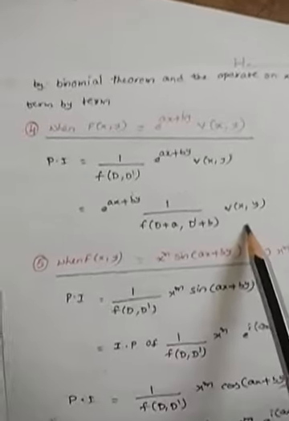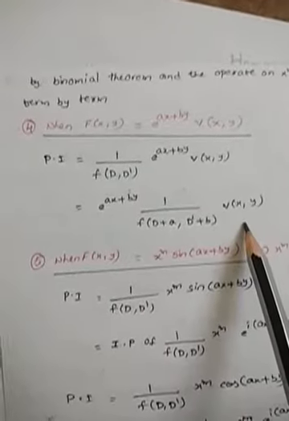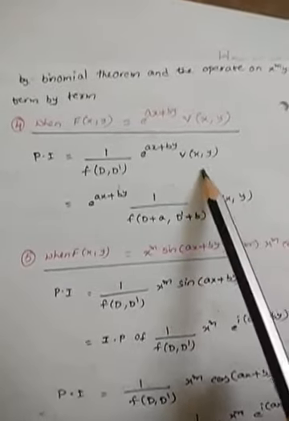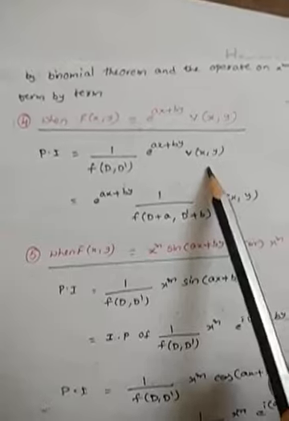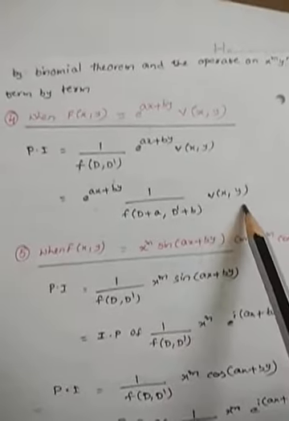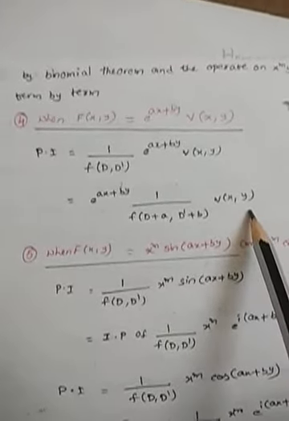Thus the fourth case now reduces to either the first, second or third case depending upon V of xy. Suppose V of xy is a trigonometric function, it reduces to the second case. Suppose V of xy is a polynomial in x, it reduces to the third case.